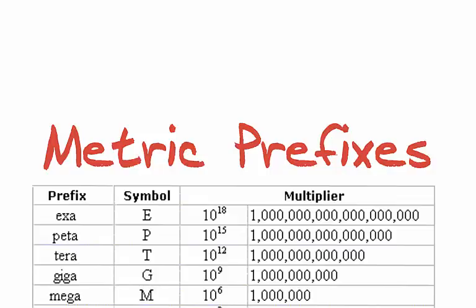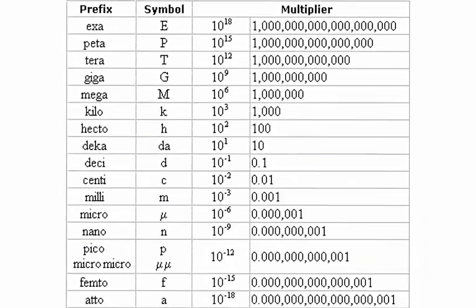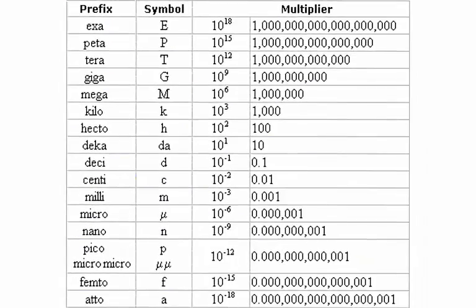Another thing that we get into when we're talking about SI units are metric prefixes. This gives us a little bit more flexibility. Here, for example, you see the kilogram, which is 10 to the third, or 1,000 times a base unit. You may see this pretty frequently when you hear the word kilogram, right?